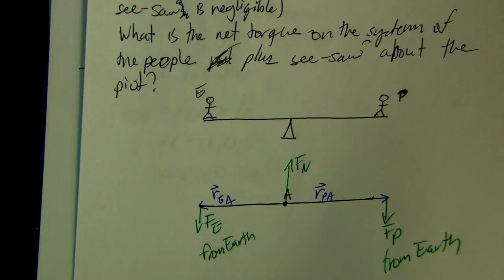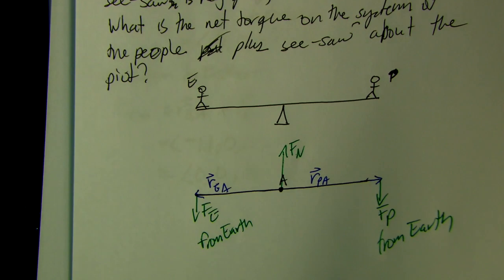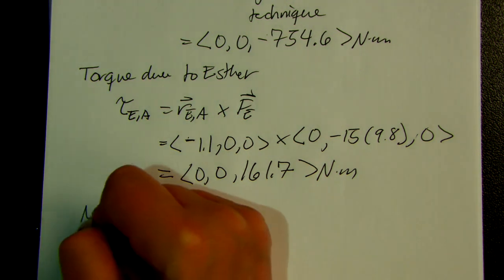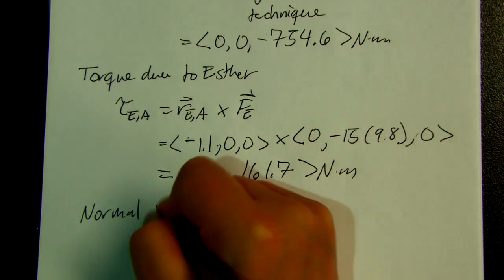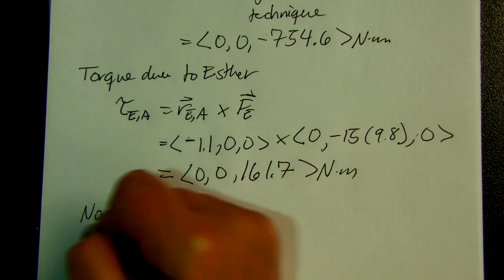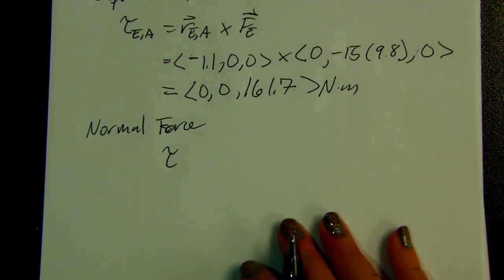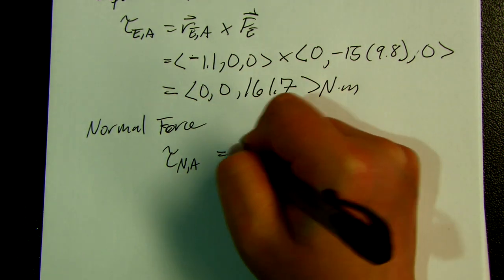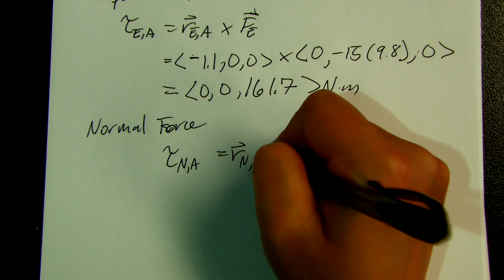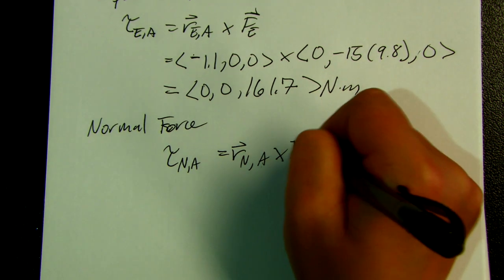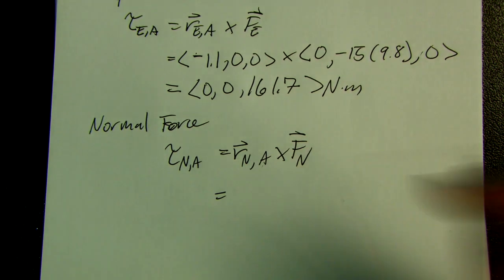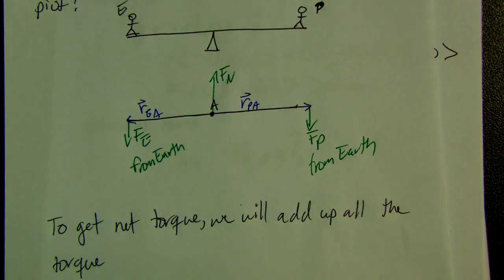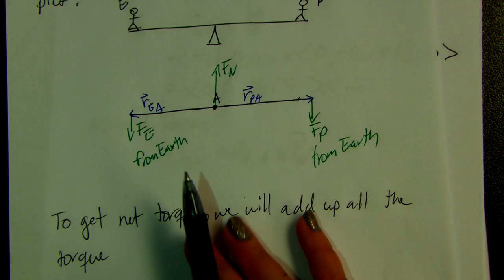All right, so there's one other force we need to think about, and that's the normal force at the pivot point. So if we're going to get total torque, we need to look at all of the different forces. So for normal force, we have the torque. The normal force with respect to A is equal to the vector from the point of normal force A cross the normal force. Well, to get from A to the application of the normal force, you go no distance, so that's 0, 0, 0.